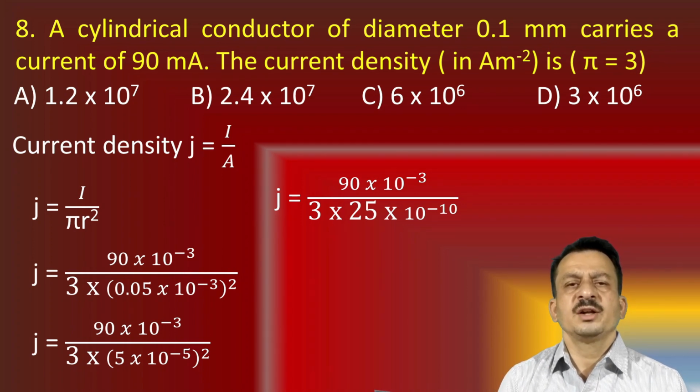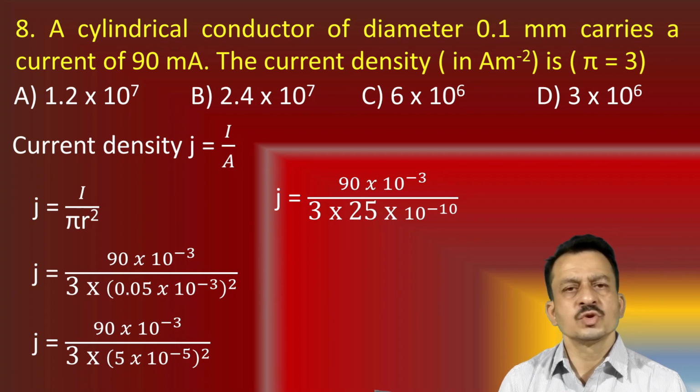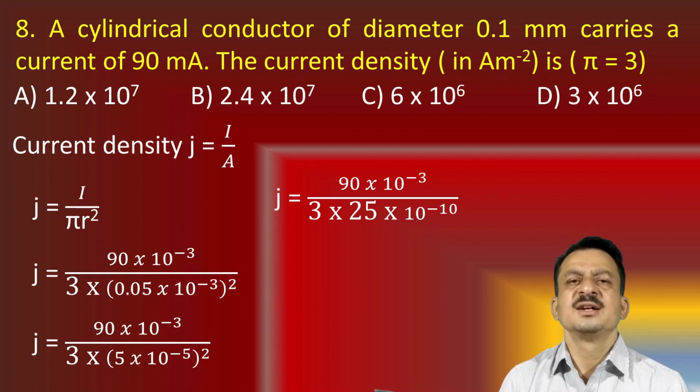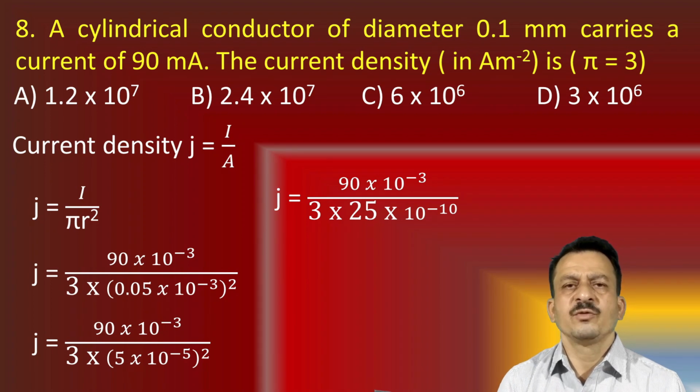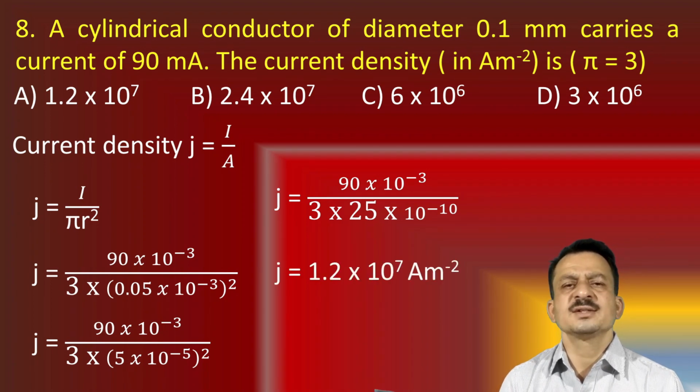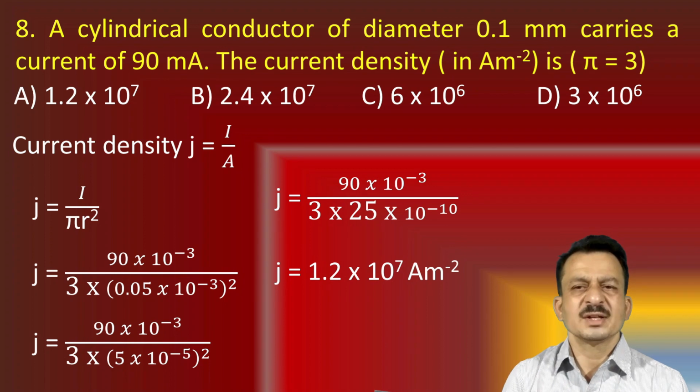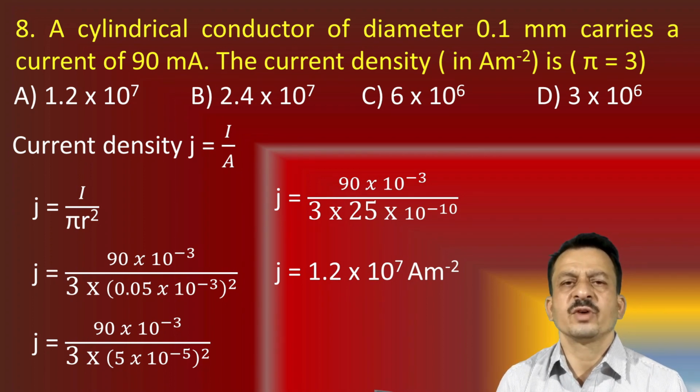So in the denominator 3 into 25 is 75, 90 by 75 is approximately 1.2, and 10 raised to minus 10 in the denominator moves to the numerator, it becomes plus 10, and minus 3, therefore 10 raised to plus 7. Therefore 1.2 into 10 raised to plus 7 ampere per meter square is the right answer. Hence A is the right answer.